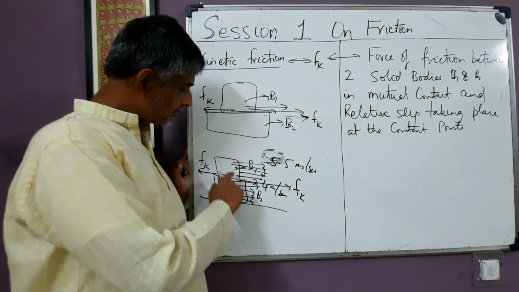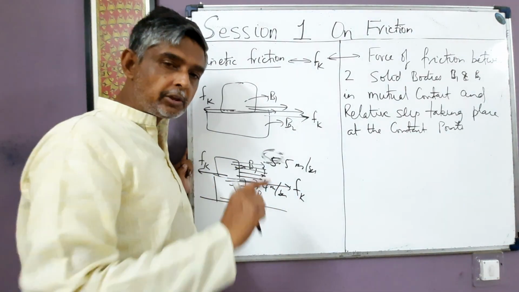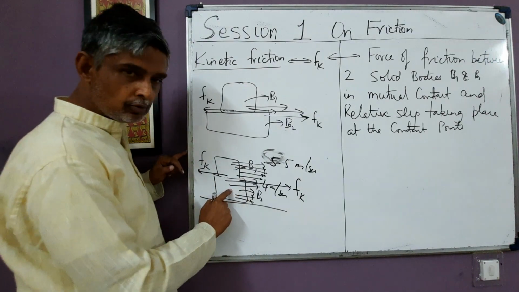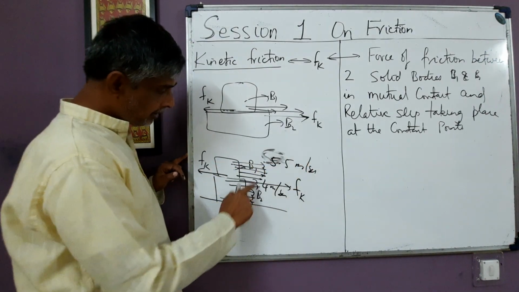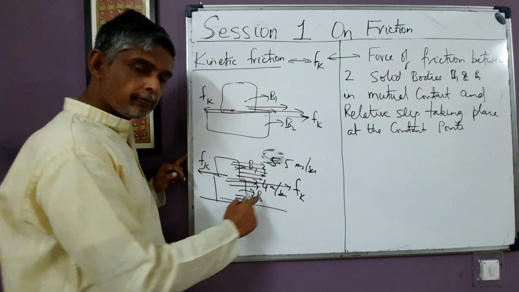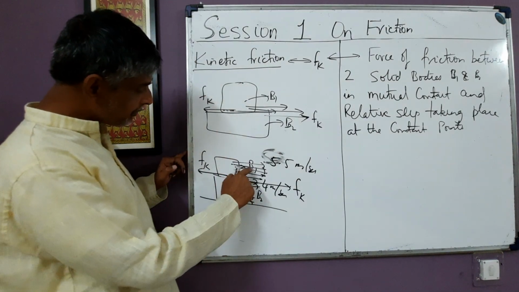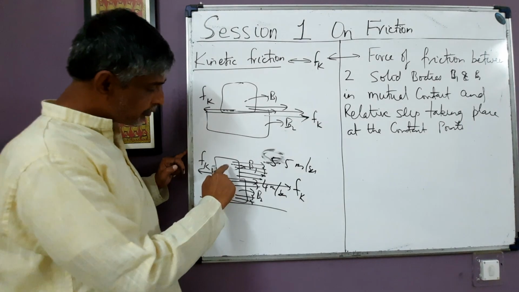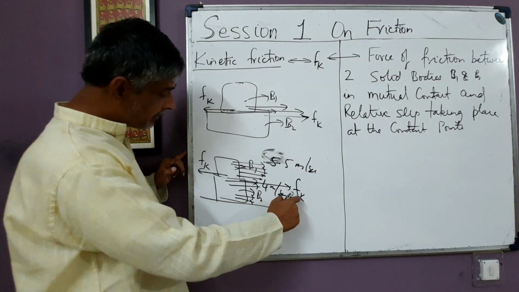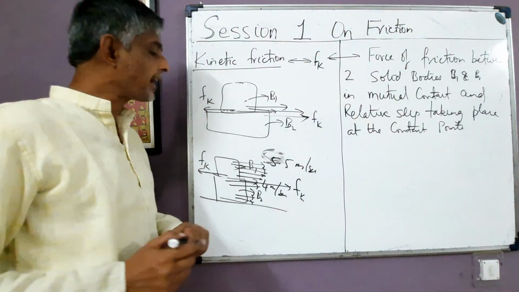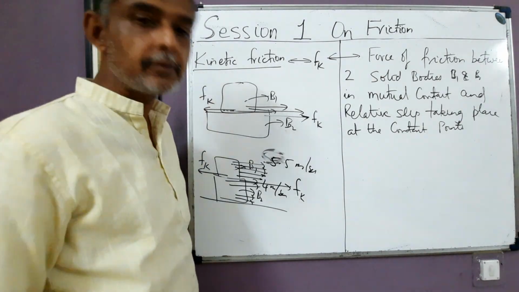Then the two bodies exert kinetic friction on each other opposite to the direction of relative slip. In this example, with respect to B2, B1 is slipping rightward at 5.5 minus 4, 1.5 meters per second. So B2 will exert a kinetic friction Fk on B1 in leftward direction, and by Newton's third law, B1 will exert a kinetic friction Fk on B2 in rightward direction. So kinetic friction always acts in a direction opposite to the direction of relative slip.